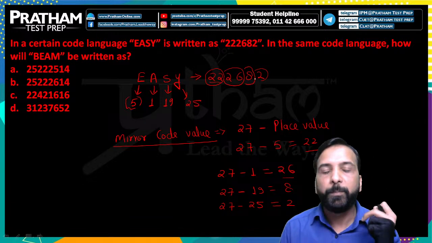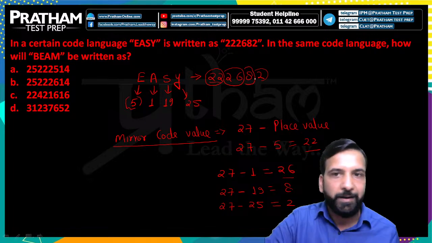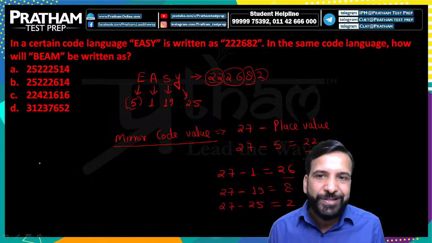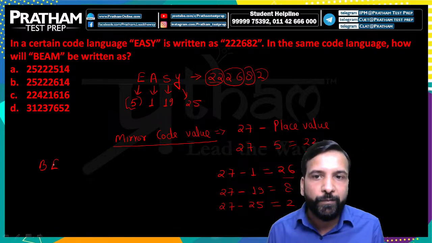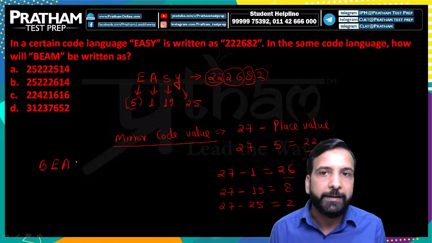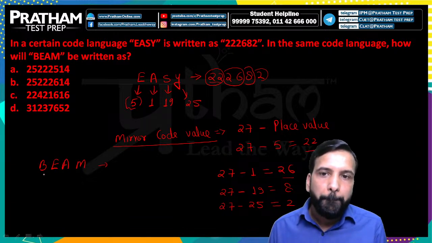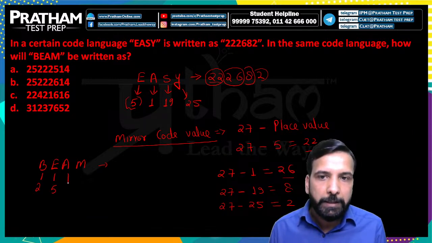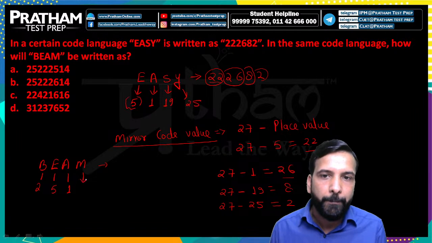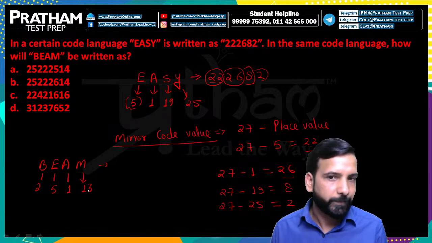We are looking for mirror code value of each letter, right? Now our question is, we are looking for mirror code value of these letters. B's place value is 2, E's place value is 5, A's place value is 1, and M is 13th letter, right?